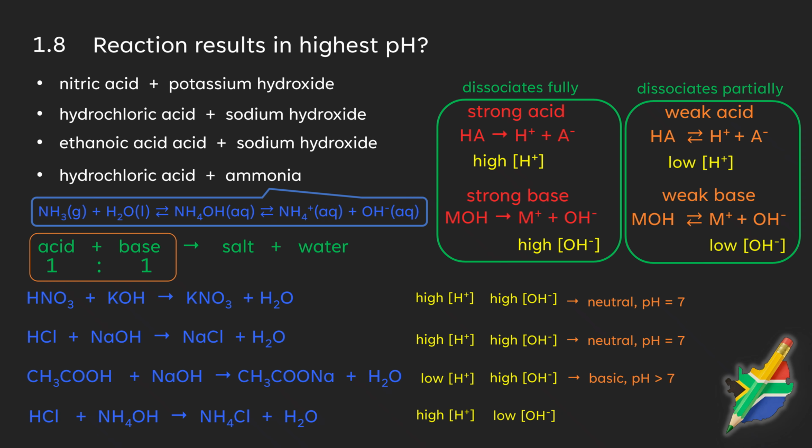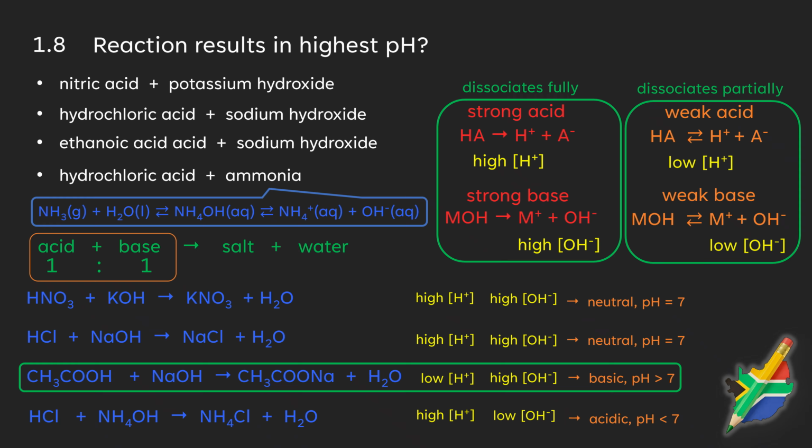A weak acid and a strong base will result in a slightly basic pH at equivalence point, so the pH will be above 7. And a strong acid and a weak base result in a slightly acidic solution at equivalence point, and so the pH is below 7. So the pair which gives the highest pH is ethanoic acid and sodium hydroxide, which is answer D.